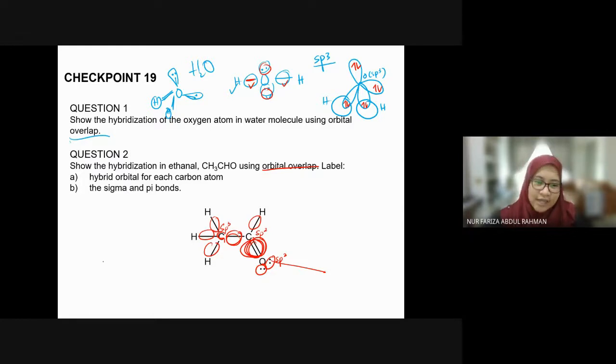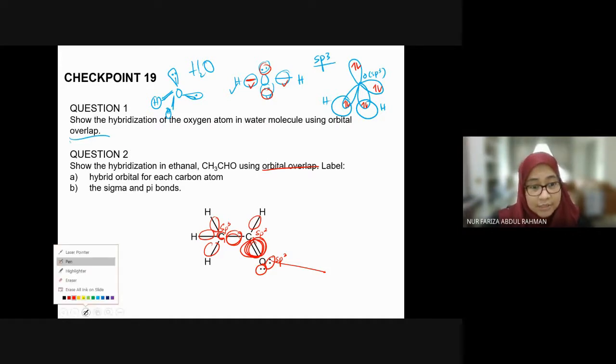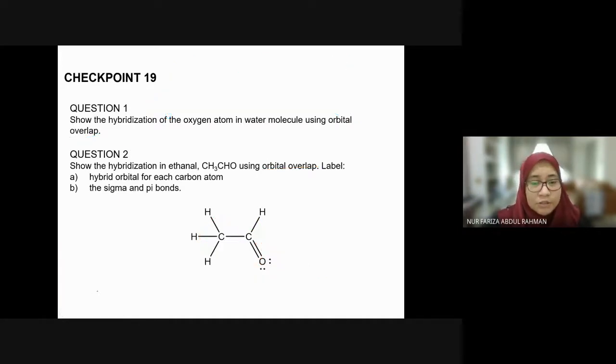Okay, let's draw, guys. Draw je pun. Orbital overlap kan senang. As long as you have the Lewis structure, we have determined this just now: sp3, sp2, sp2. Okay, alright. So let's start with this carbon first. Dia adalah sp3 kan? Okay, saya draw dekat sini. Ke atas dia ni.